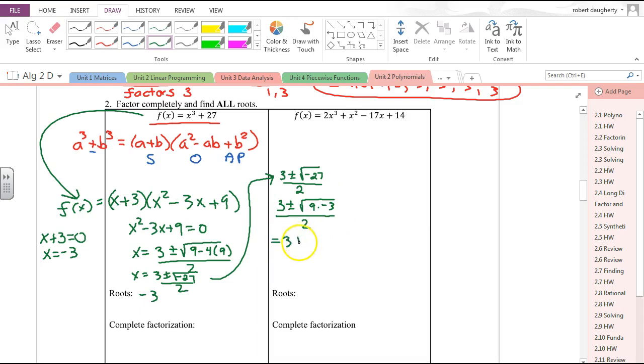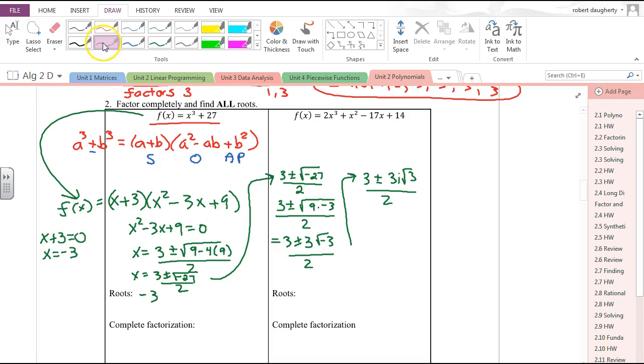The square root of 9 is 3, all of that over 2. The square root of negative 3 is going to be what, the square root of 3 i. So this is 3 plus or minus 3i square root of 3 over 2.